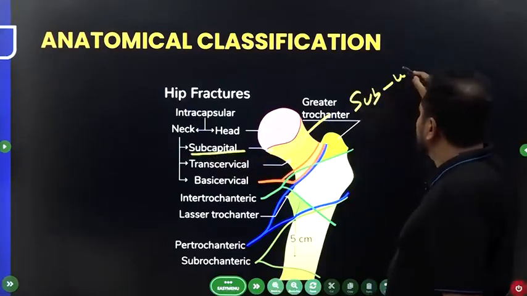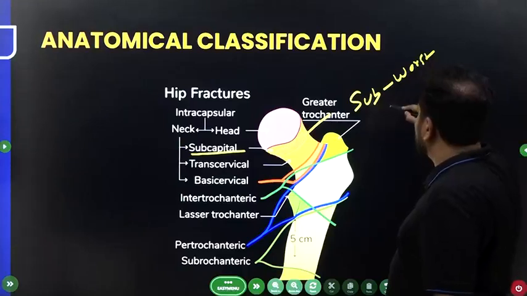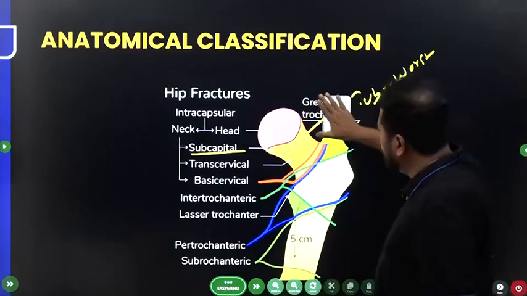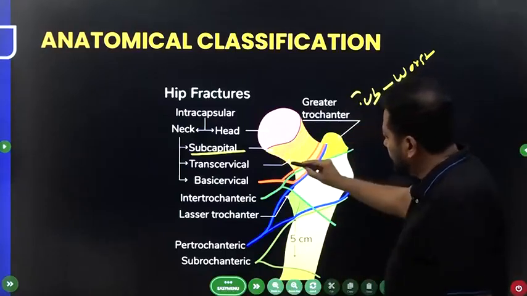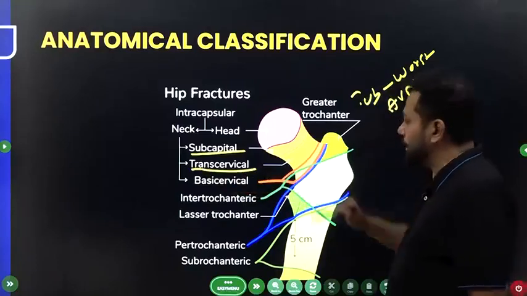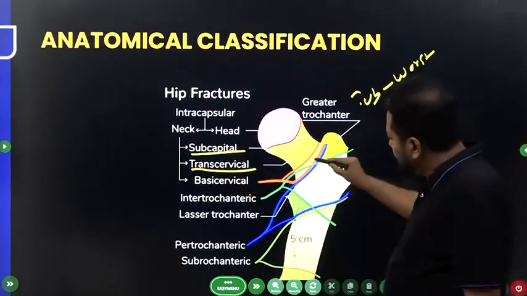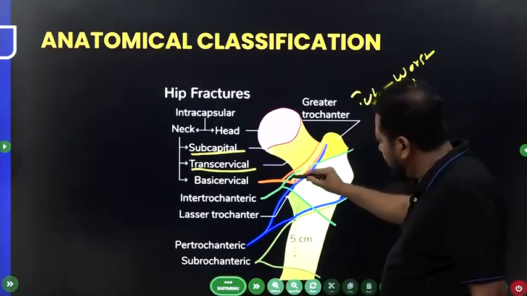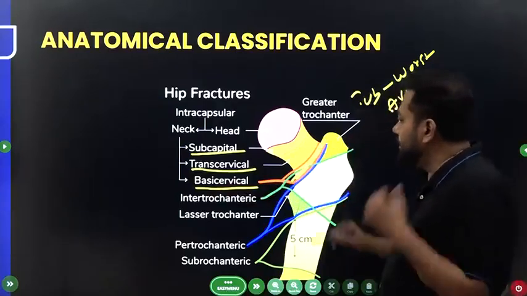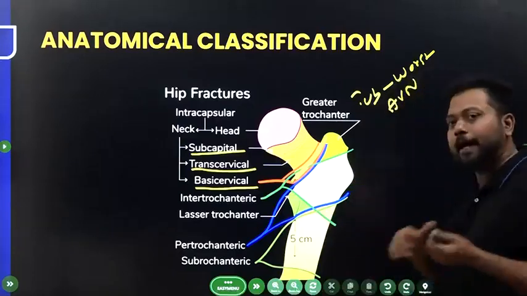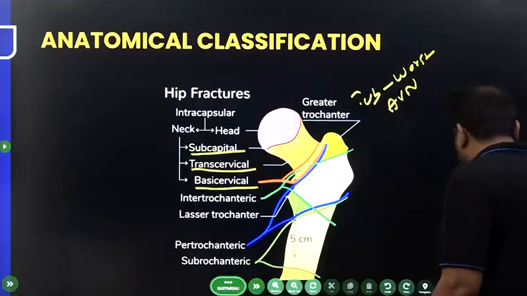This has the worst prognosis. The highest chance of avascular necrosis is at subcapital. When it is below subcapital, in the middle of the neck, this is called transcervical. The lowermost portion of the neck, at the beginning of the trochanteric area, is called basicervical. Basicervical comparatively has a better prognosis. So this is the anatomical classification of fracture neck of femur.